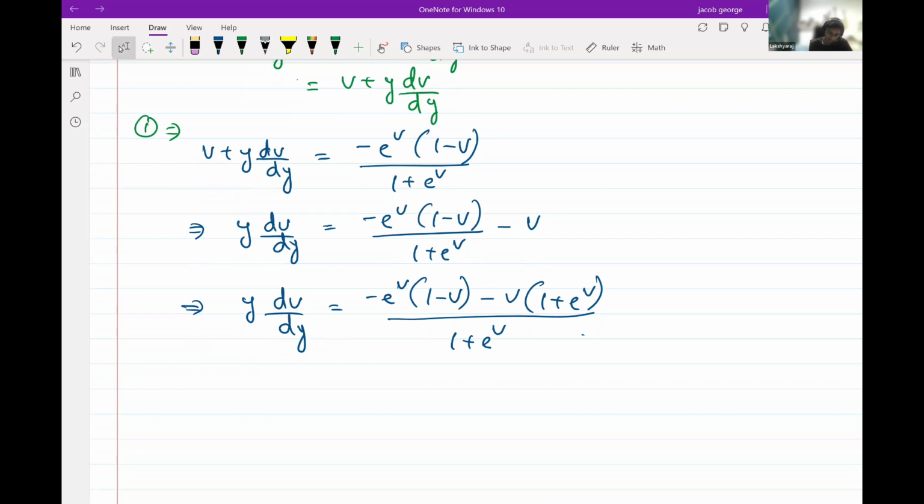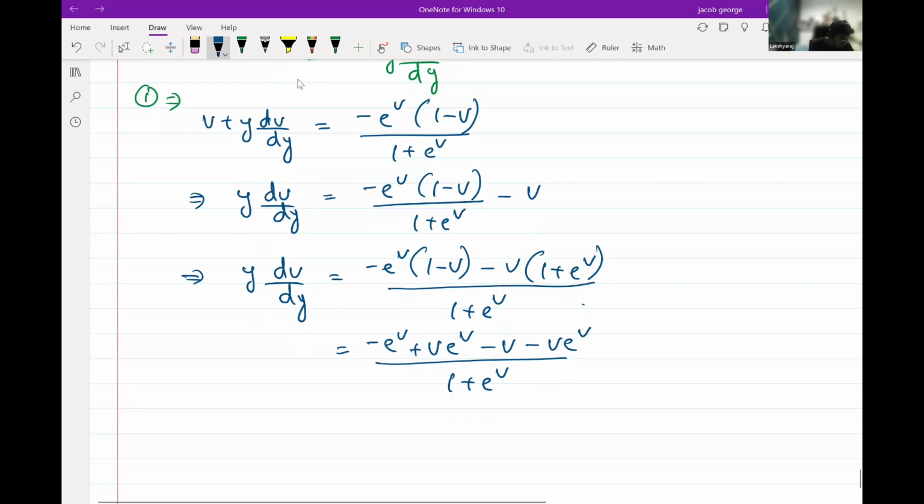Clear? So now when you open this bracket, what do you get? Minus e raised to v, minus into minus plus v e raised to v, then minus v into 1 plus e raised to v, that is minus v minus v e raised to v, upon 1 plus e raised to v.